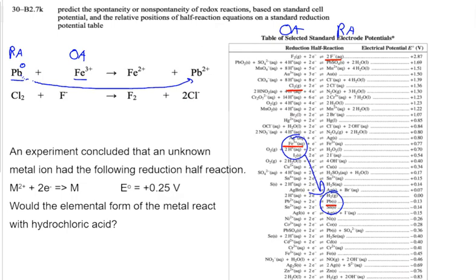So whenever the OA is above and the RA is below, we get a spontaneous reaction. I'm just using a check mark to illustrate that it's spontaneous. Okay. Let's look at the next reaction. We've got elemental chlorine and fluoride, the ion. So again, we have to figure out one of the agents.